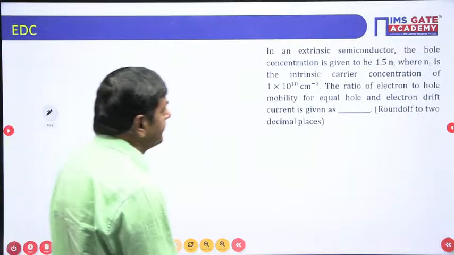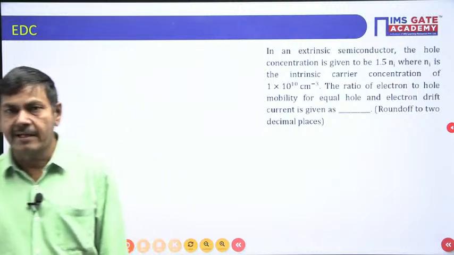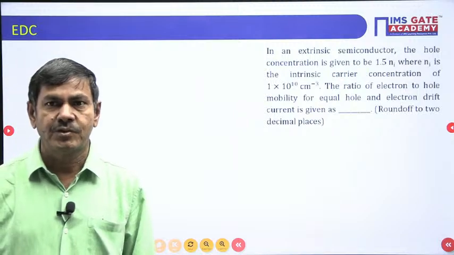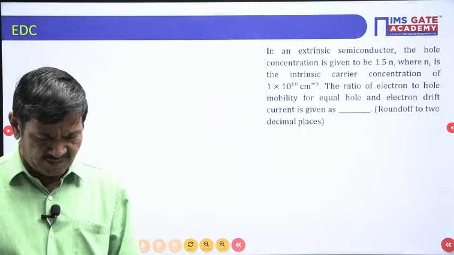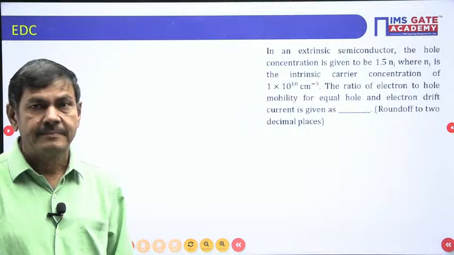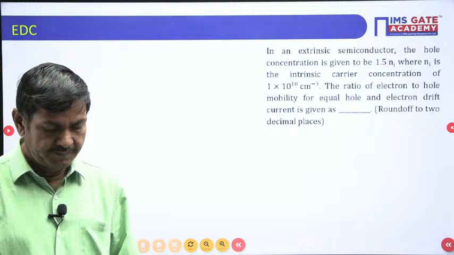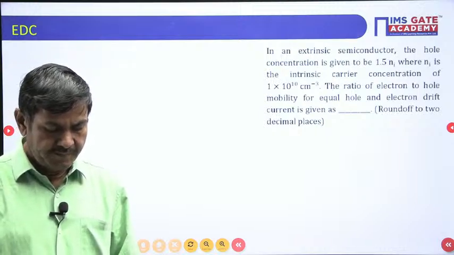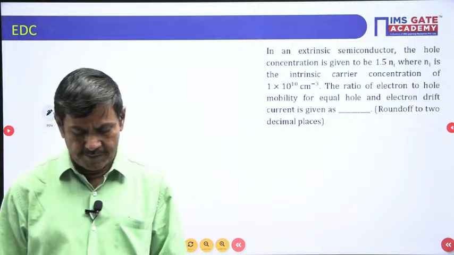This is one more question. I will see how many students can do this question. I want to give it in your hand, just to try this question and give your answer. Take your time and try to solve it. Can you complete this question? Anybody? Anybody can do this question without my help?